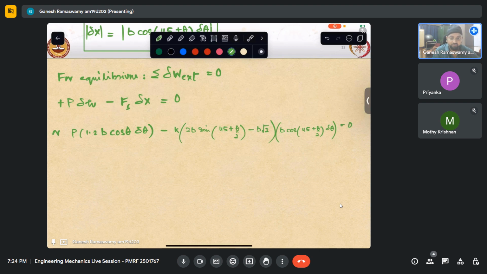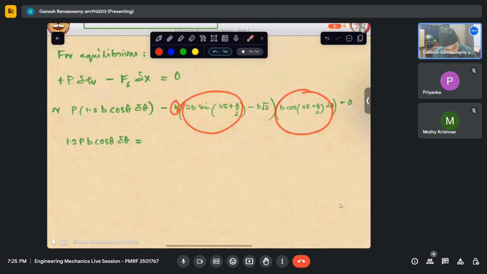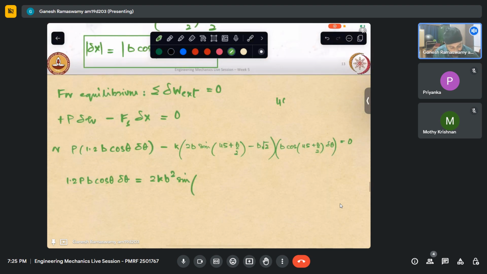So let us quickly do that. It will be 1.2 P b cos theta delta theta, and then I'll take the rest to the right hand side because I have a negative here. I'll multiply this, this, and this. So what will I get? 2k b squared sin(45 + theta/2). Let me define this to be A for brevity. So what will this come out to be?